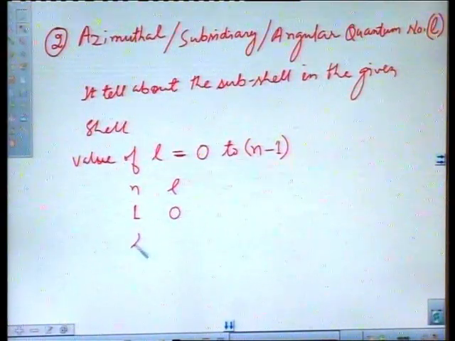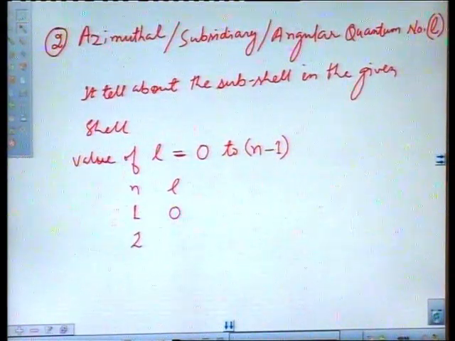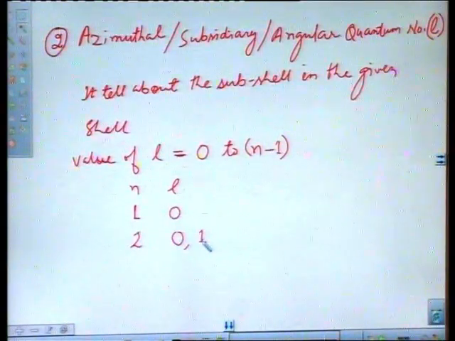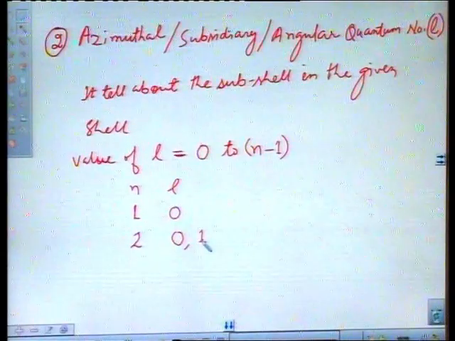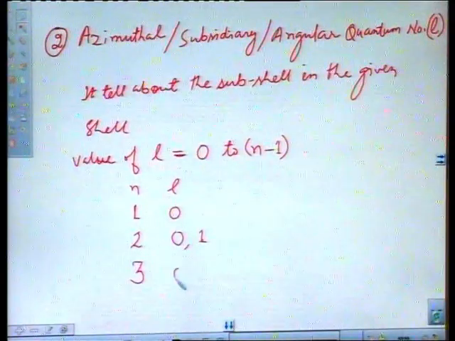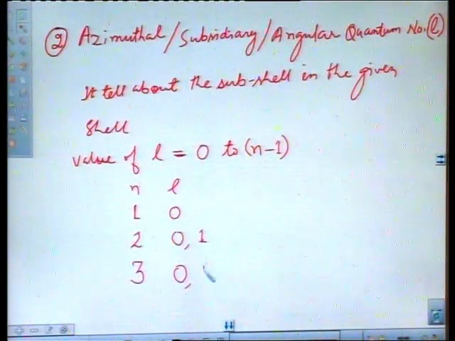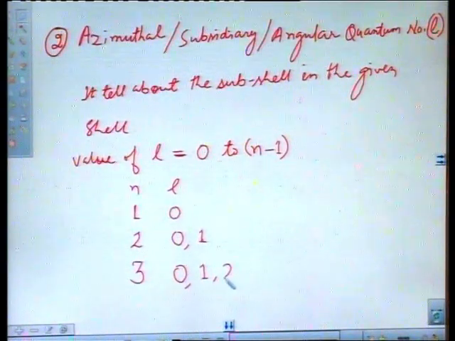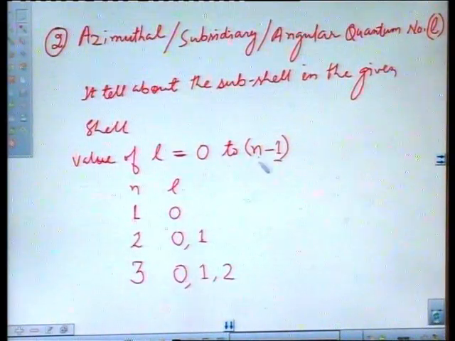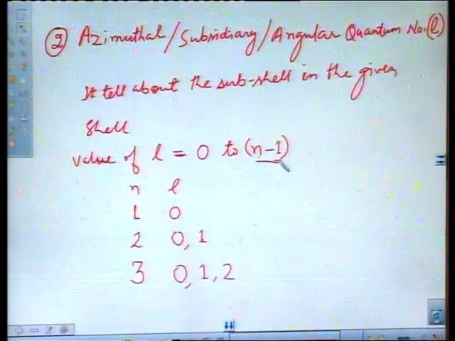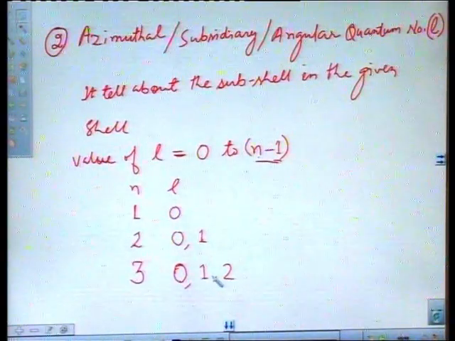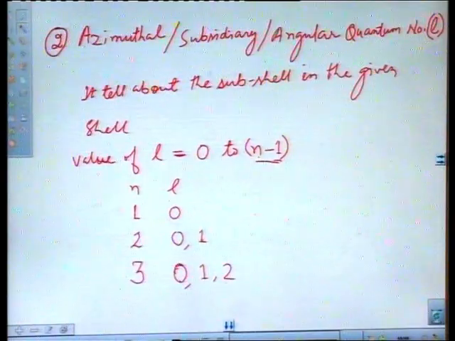If the principal quantum number is 2, the values of l are 0 and 1, that is, 1 less than n. If the value of n is 3, the values of l are 0, 1 and 2. So l starts from 0 and goes till 1 less than n.